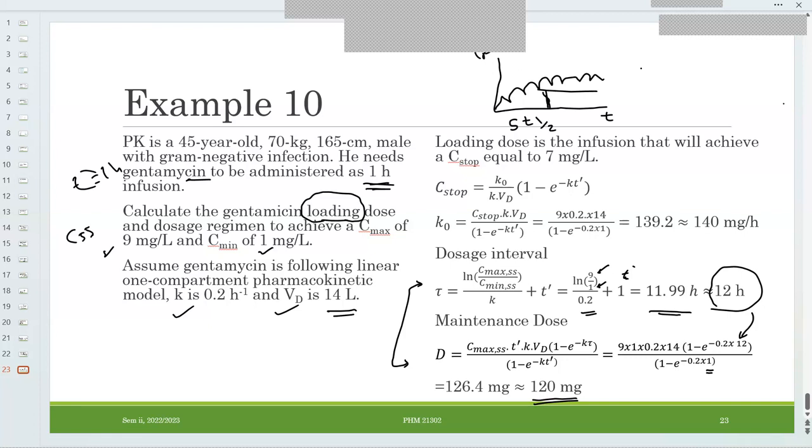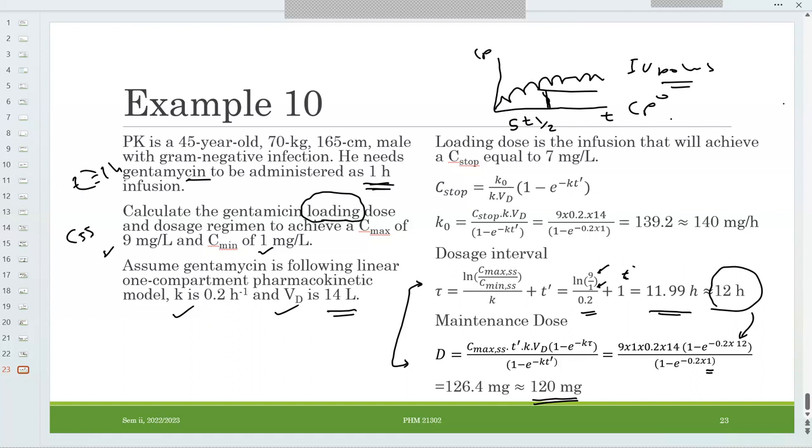Assume they ask you to calculate a loading dose as IV bolus. Dose equals C0 times volume of distribution. So you want to achieve 9 milligram per liter immediately, you multiply by the volume of distribution, 14 liters, and you get the value of the loading dose given by IV bolus.